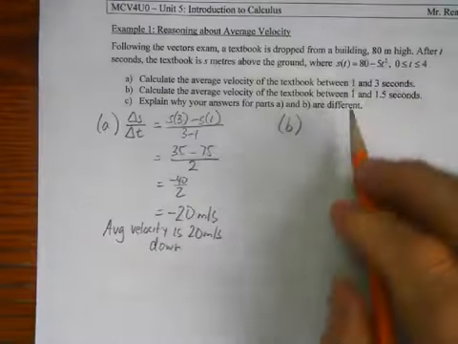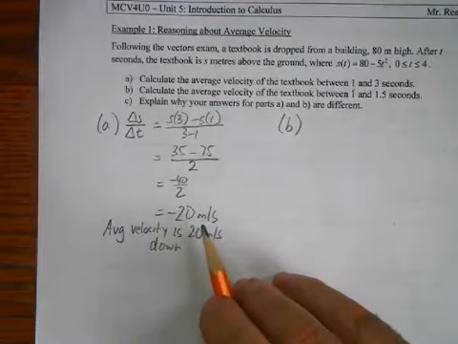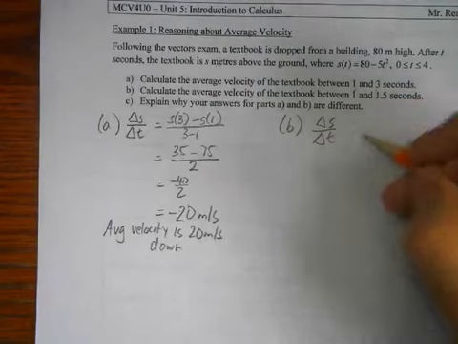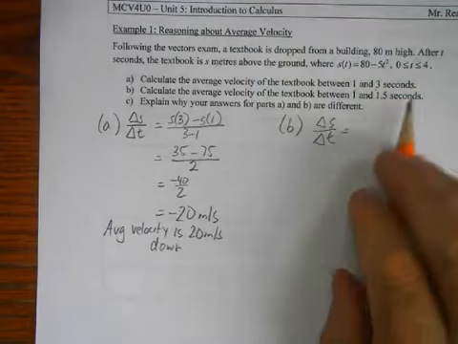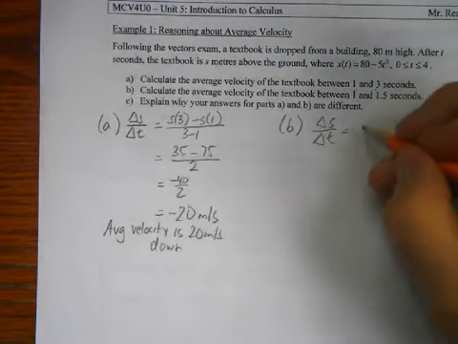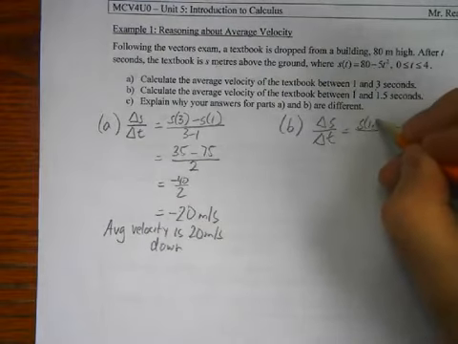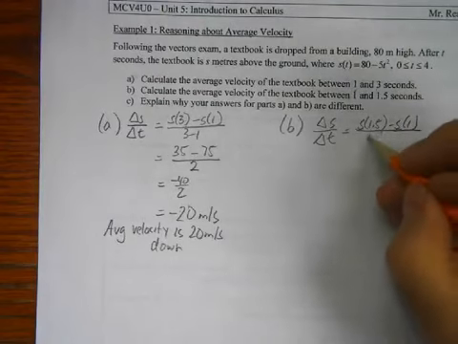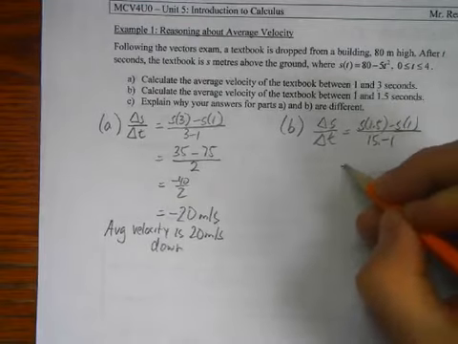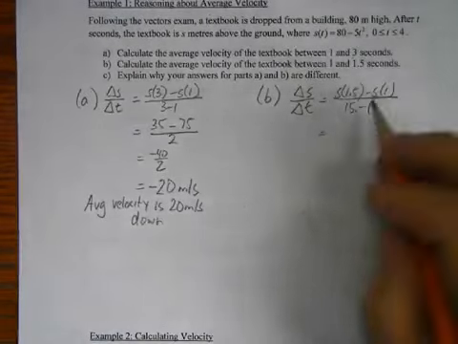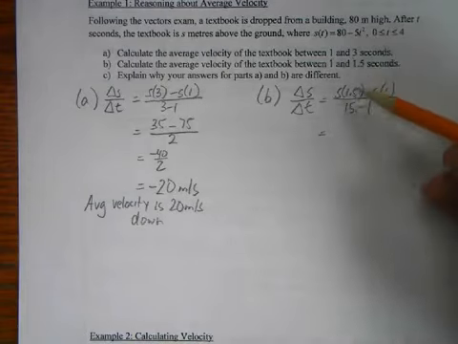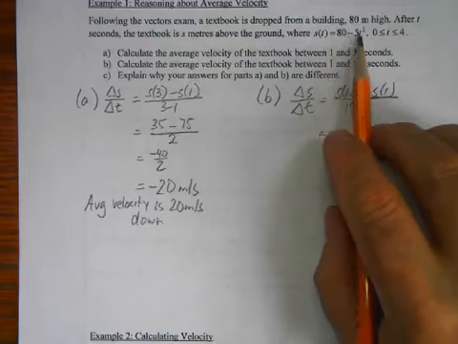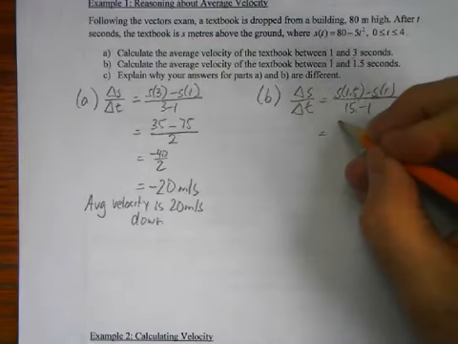Now we're going to do the same question, but this time between 1 and 1.5 seconds. So again, delta s over delta t. This time, instead of s of 3, it's s of 1.5 minus s of 1, which we already did, over 1.5 seconds minus 1 second. When we plug 1.5 into s of t, s of 1.5 works out to 68.75.